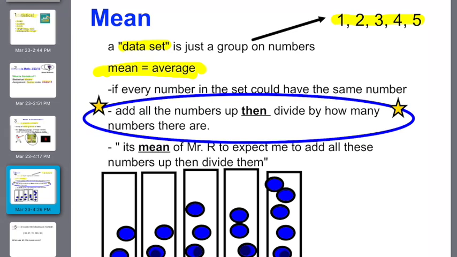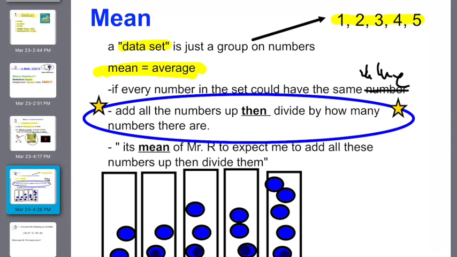So if we look here, if every number in the set could have the same, let's not say number, let's say value. That is not pretty, but value right there.